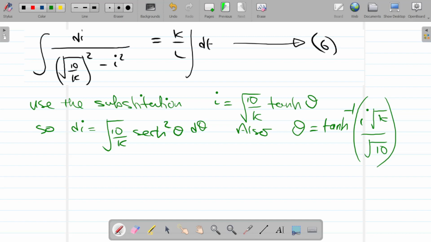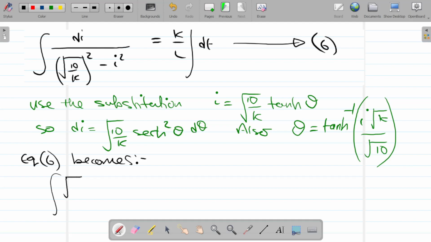So we'll need that in a little while. So equation 6 becomes the integral of, well, we know what di is. Di is this term here.